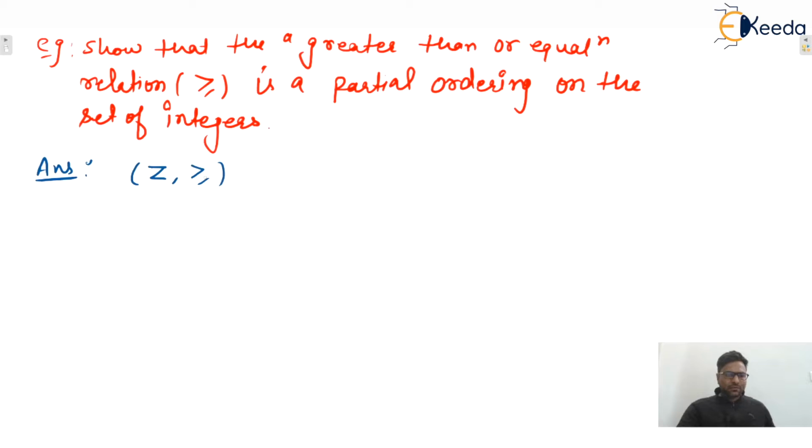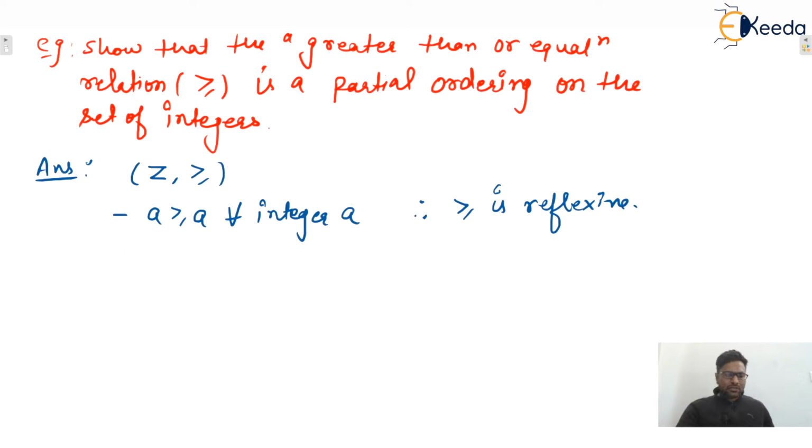So we can say that for every integer a, a is greater than or equal to a. Yes or no? Therefore, yes, greater than or equal to is reflexive.